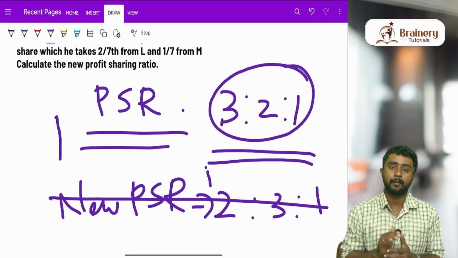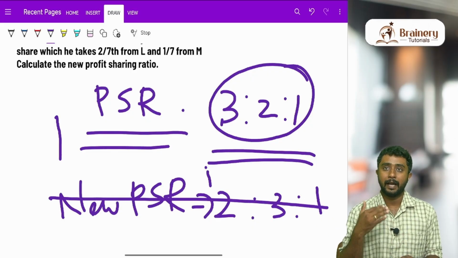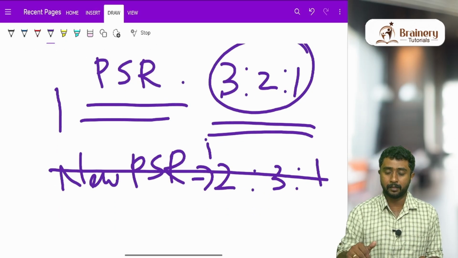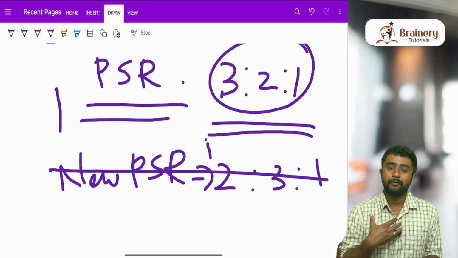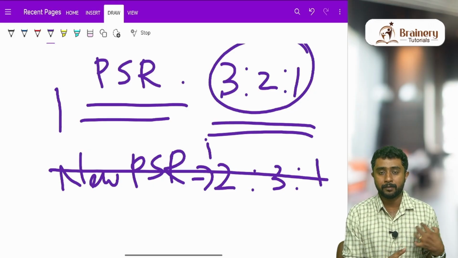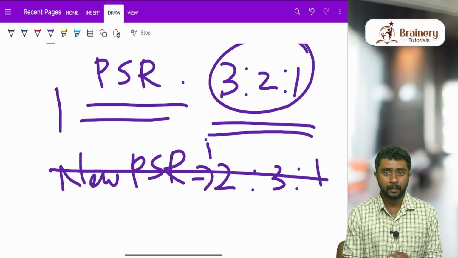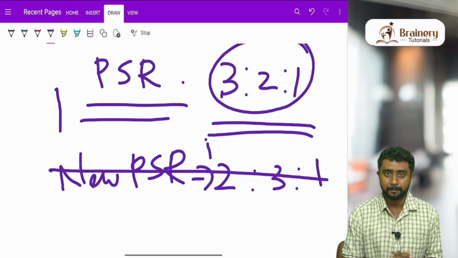One new person is coming from outside into the business. Can he share the profit in the same ratio? No. When a new person comes, obviously the existing partners will be sacrificing some amount of profit in favor of the new partner, right? So this old profit sharing ratio will be automatically changed.